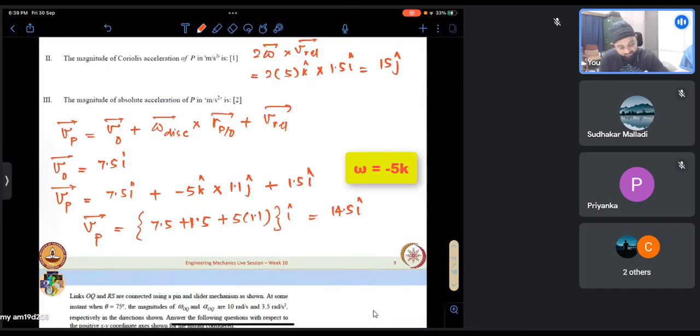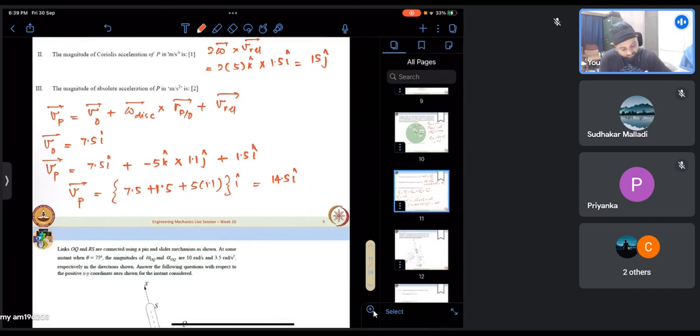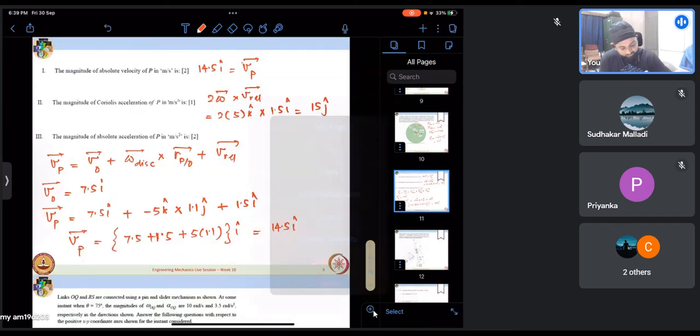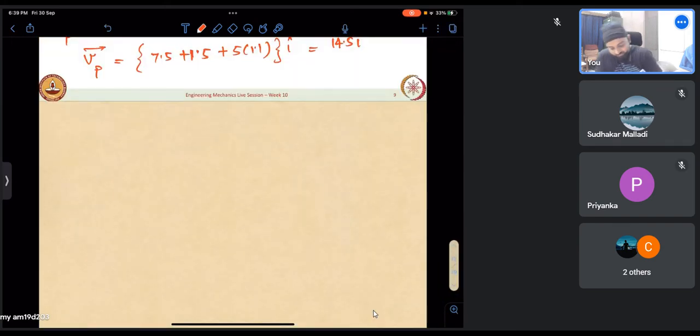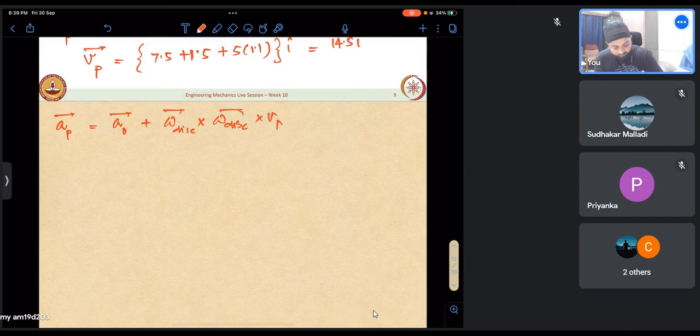That is a little big expression, so let me just add a page here. Our acceleration of P is nothing but acceleration of O plus alpha cross R plus omega cross omega cross R plus Coriolis plus A relative.